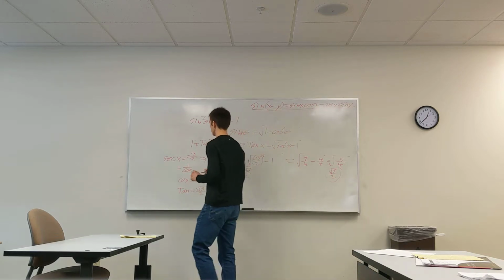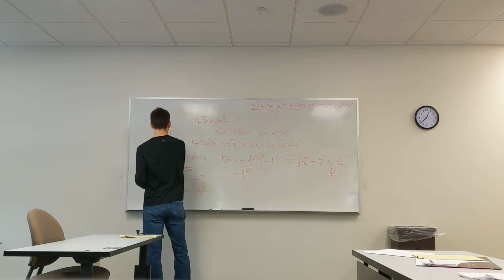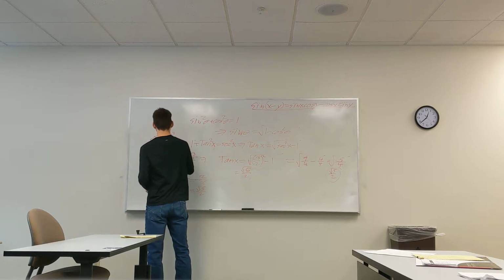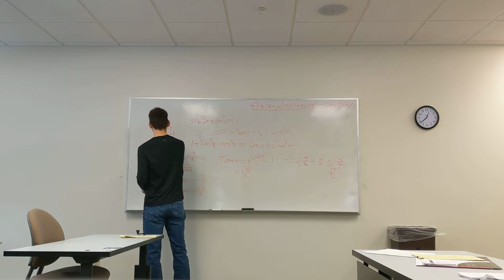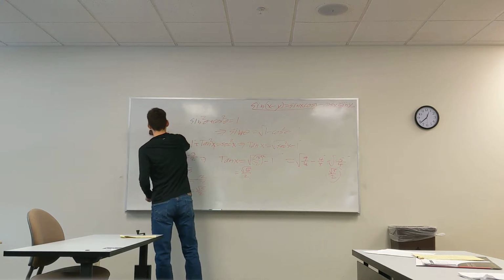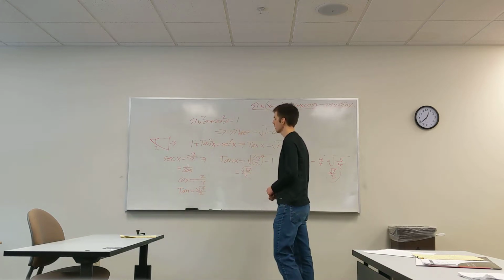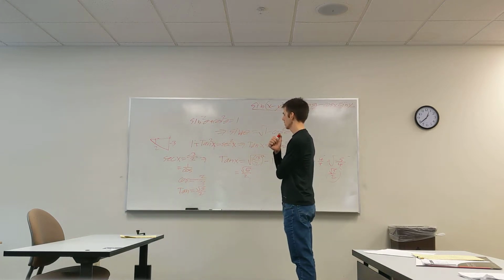I mean, you could say, here's x. Secant is 1 over cosine, so it would be 2 over 3. But that's rather generic, actually, right? It could be 6 over 4, it could be all kinds of things.